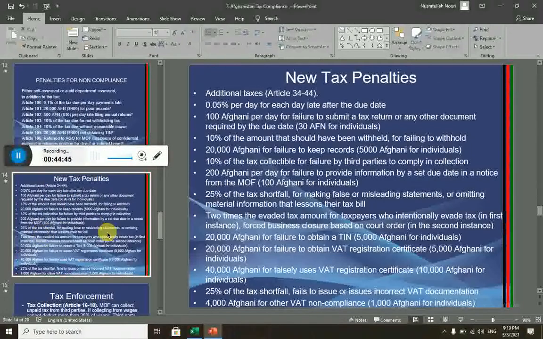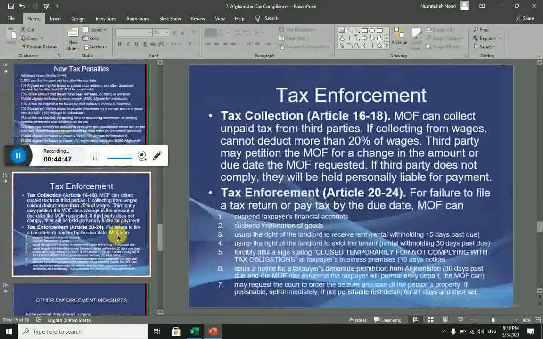Now, when you are non-compliant, not only will you pay those penalties, but you will also be referred to the tax enforcement department, which is within the Ministry of Finance or within the tax office, as per Article 16 to Article 18.